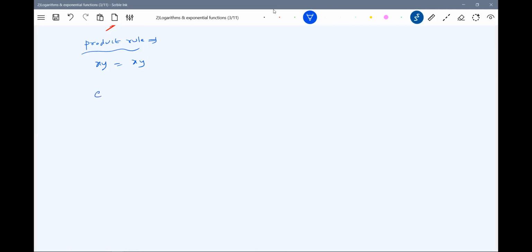So e to the power of log xy should be equal to xy only. We know log e to the base e should be equal to 1, or e to the power of log a should be equal to a.